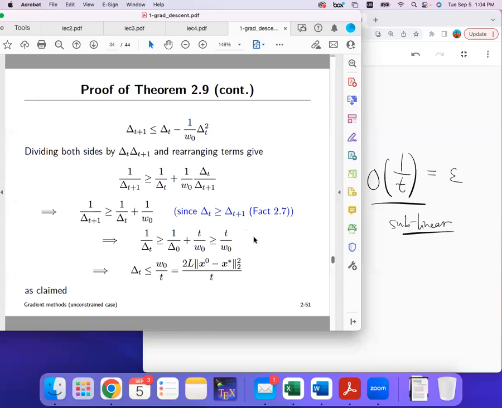And then you solve for delta t. So delta t is less than or equal to omega 0 over t. This omega 0 is the constant we just defined. So this proves the final result. We get an estimate for the function value gap.